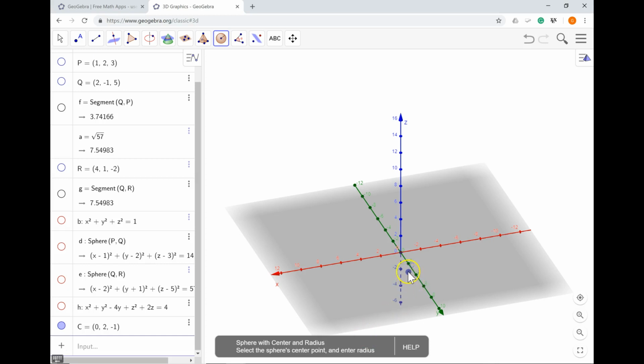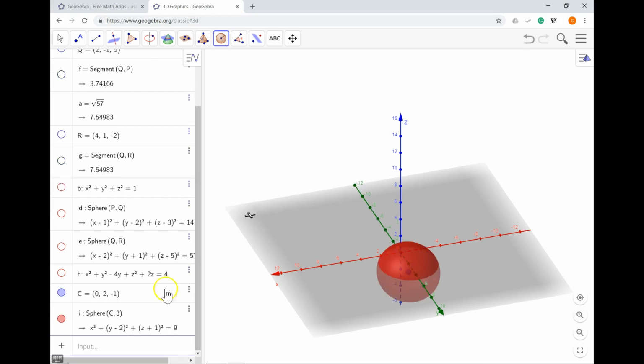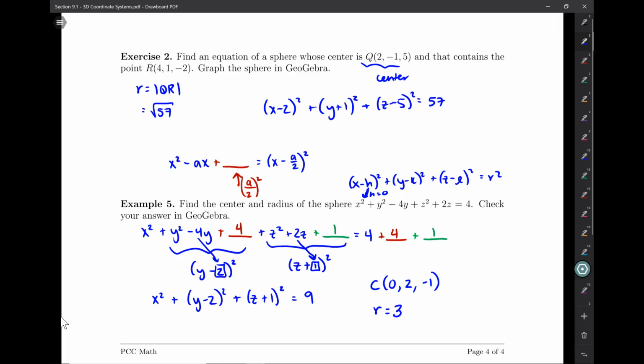It's going to have me select this point and then enter the radius. In this case, we said that we thought the radius was 3. And notice that we get this sphere, which, after completing the square, we can compare to this one, which is the more expanded, simplified form. And notice that they are the same sphere. Cool. So there's our answer check.